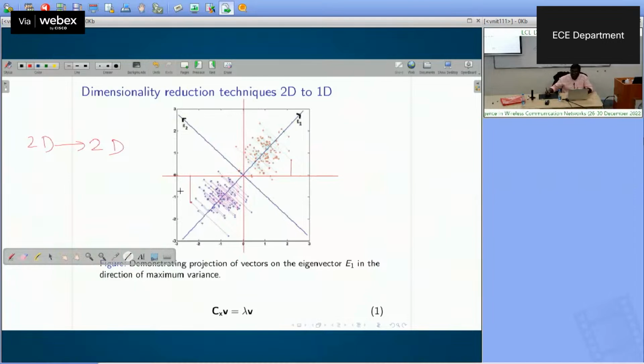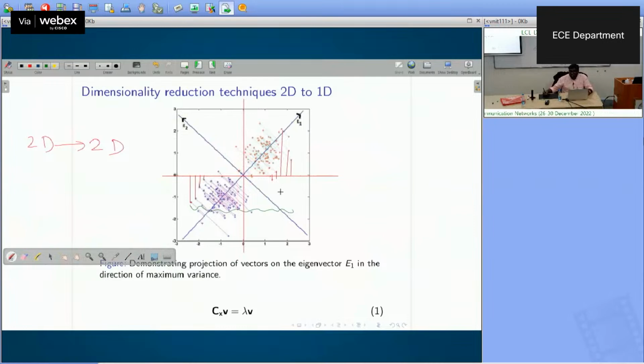You have this as a range. The range is basically, if I keep on projecting on this axis, what is the minimum value and what is the maximum value I get. So this is my range, what is given in green.